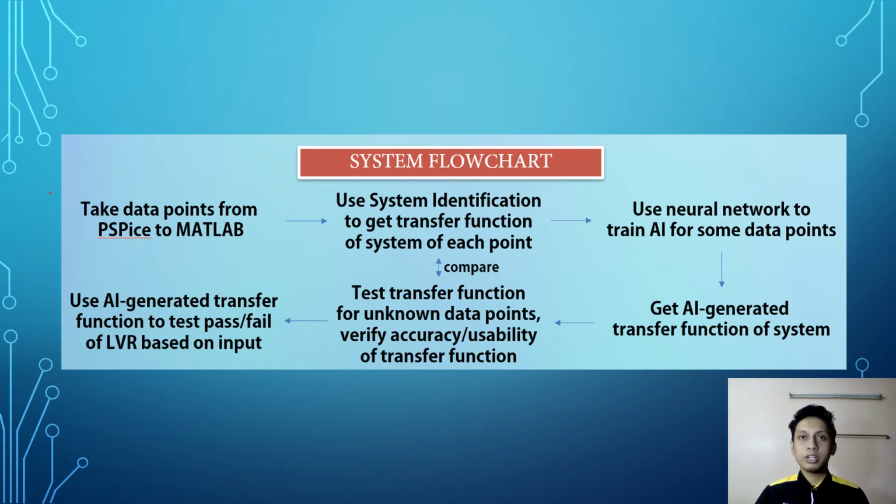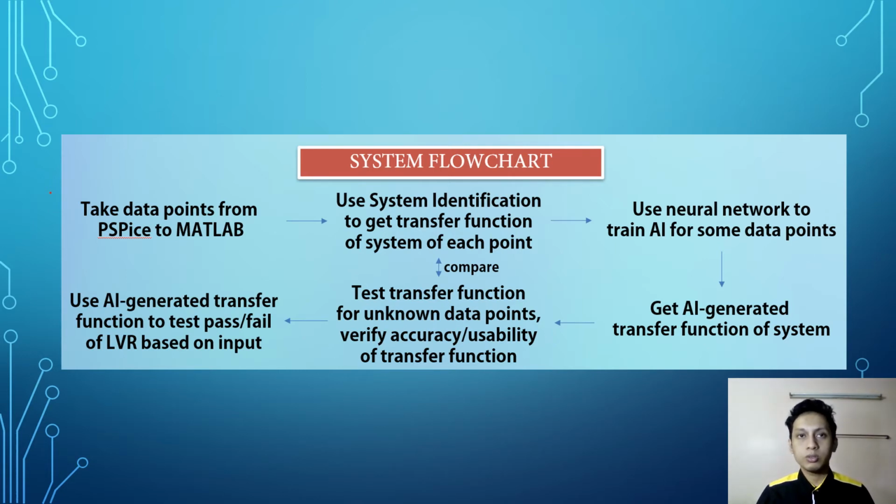So my flowchart for my project is to take data from PSpice to MATLAB, then use the system identification to get the transfer function of the system of each point, then use a neural network to train AI for some data points, get the AI generated transfer function of the system, then test the transfer function for unknown data points, and verify accuracy and usability of the transfer function.